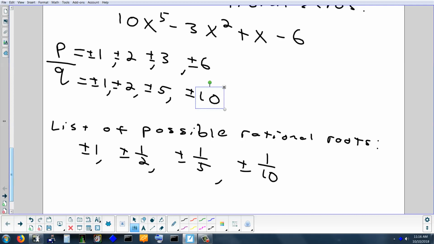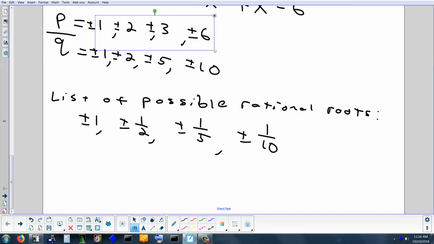Now let's go to the next one, 2. What would be my first P over Q that I could have if the numerator was 2? Yeah, 2 over 1, which I'll just write as 2. What would be my next one? Yeah, it would be 2 over 2, but I already have that one from earlier.